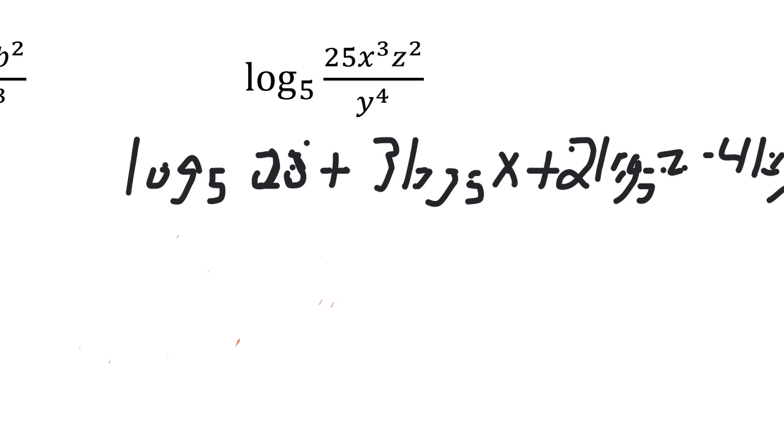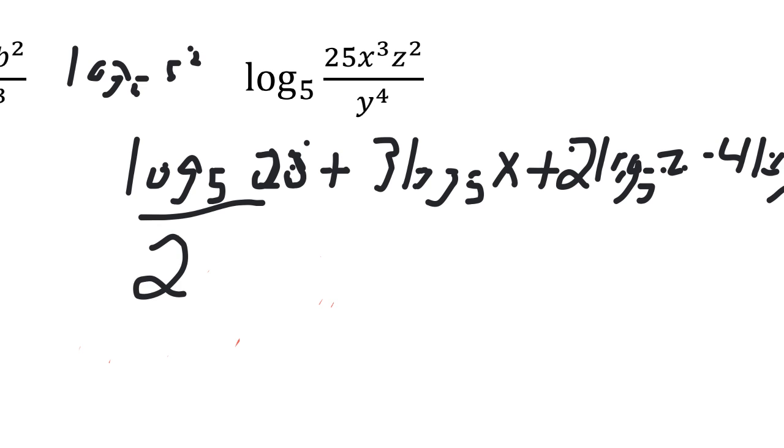Hopefully you can see all that on there. Now I know that 25 is 5 squared. So basically with this part, I'm going to have log base 5 of 5 squared, which bring the 2 out front. And you have the 2 log base 5 of 5, which is just 2. The rest of it, there's not much I can do with it.